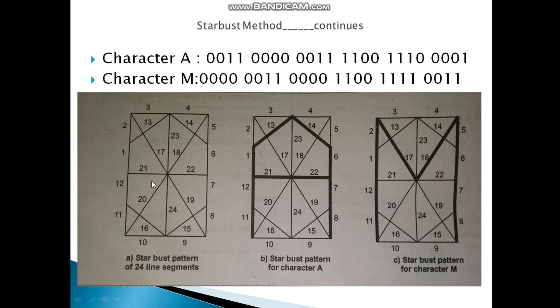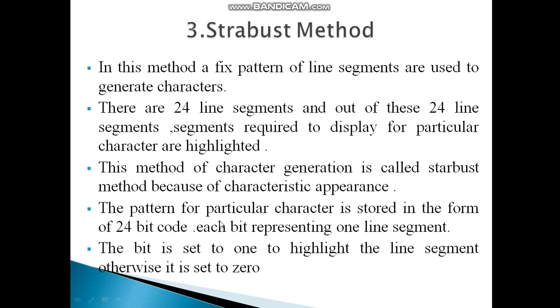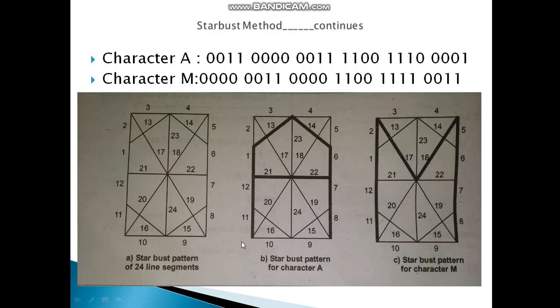So the pattern of a particular character is stored in the form of a 24-bit code, each bit representing one line segment. The bit is set to 1 to highlight the line segment, otherwise it is set to 0. So in figure B, the starburst pattern for character A, we draw the character A over these 24 line segments.